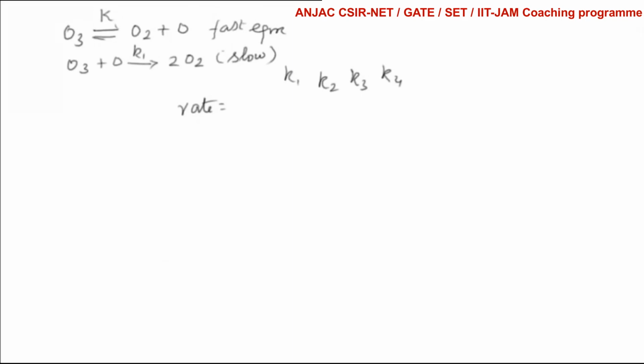Now, whether we can apply the equilibrium approximation or the steady state approximation can be easily decided. Here, one or more reaction steps would attain equilibrium very fast, and another reaction is the slowest step.